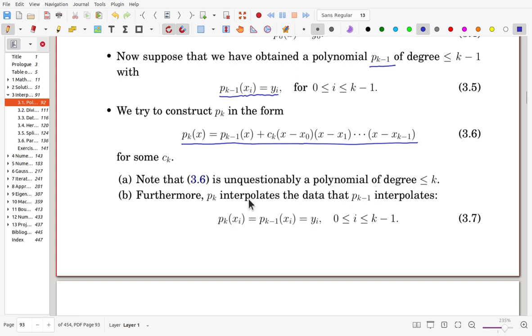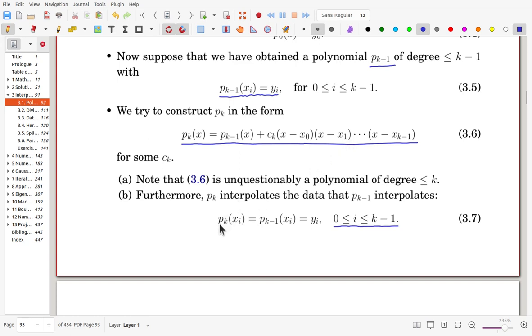And also, once you put xi into pk, and i is from 0 to k minus 1, then this portion will be yi, and then this portion must be 0, because the product is x minus x0, x minus x1, and up to x minus xk minus 1, so that once x is chosen from x0 to xk minus 1, then this term will be 0.